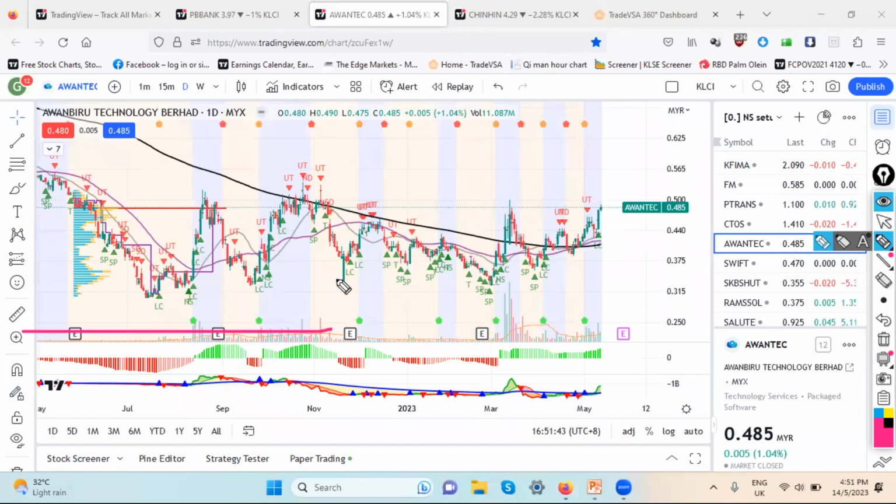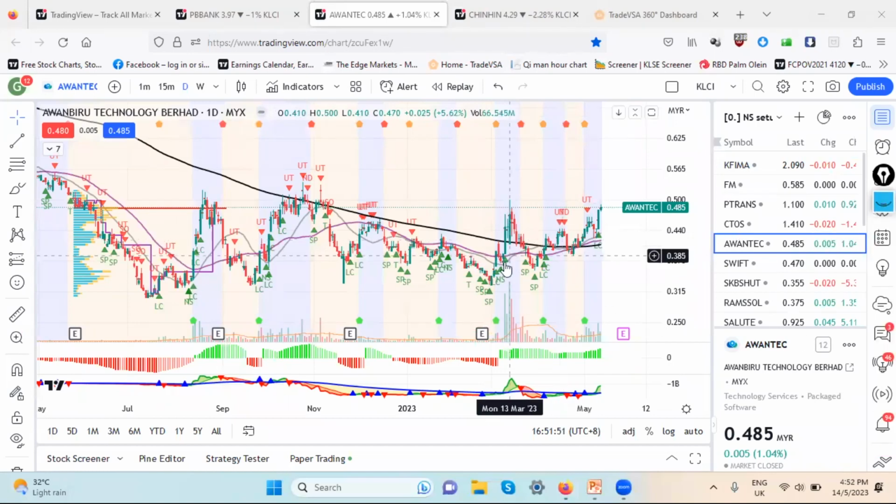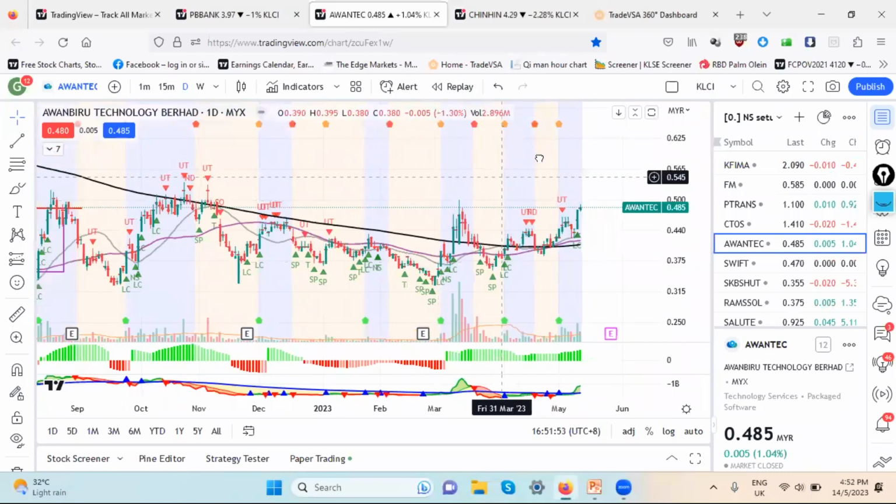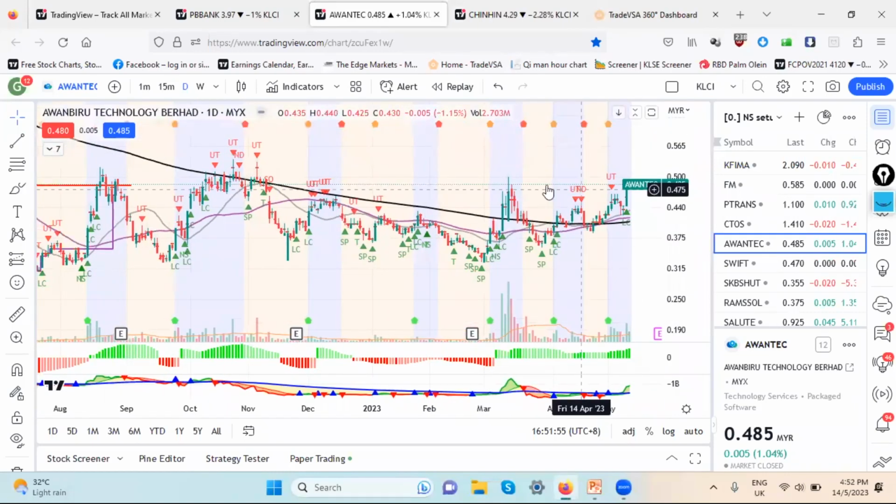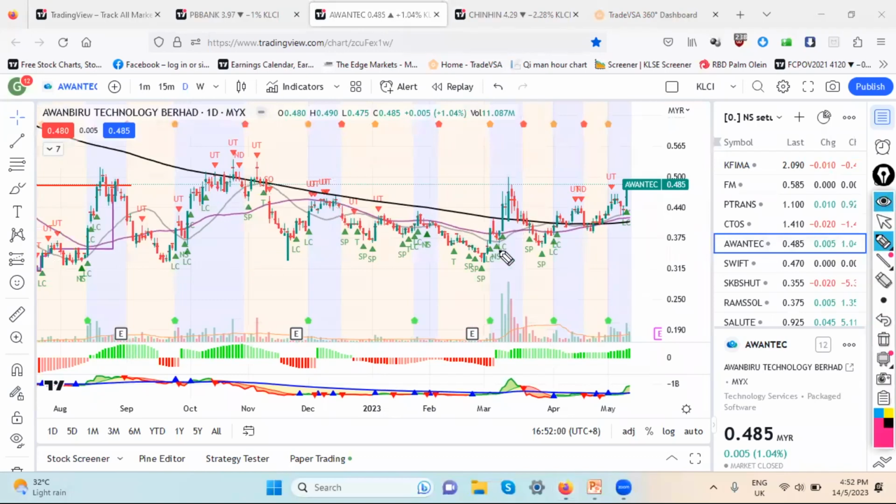But before we read the chart, we need to know why volume comes in at this stage. For example, this is one stock that is not recommended to buy and sell. Here you will know that the news was actually flowing in March, and in this area a lot of news came out with volume coming in.